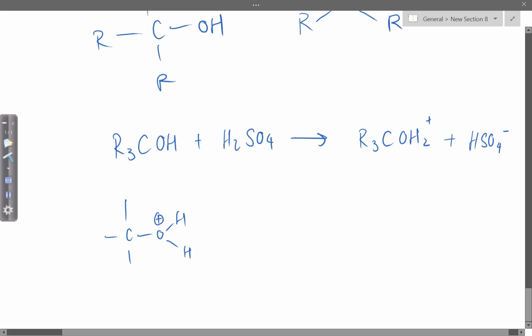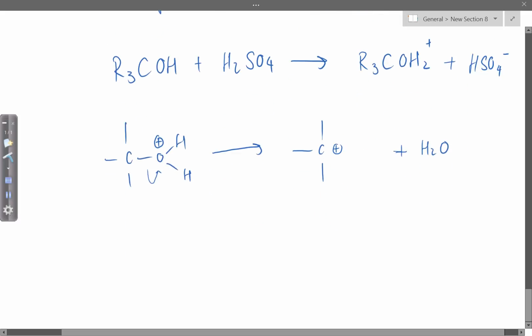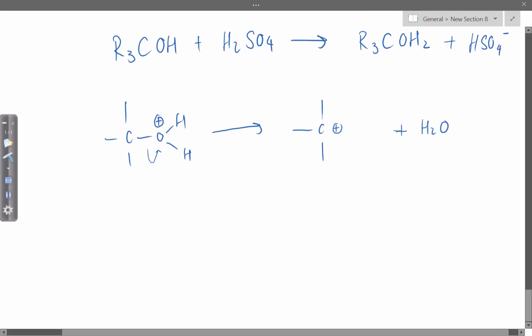If I break this bond heterolytically, does it go to the O or does it go to the C? It should go to the more electronegative atom, which is O. Also explained in my notes. So once this leaves, you will have a positive charge on this carbon, which is a carbocation, plus H2O. Right? Conservation of charge before and after.